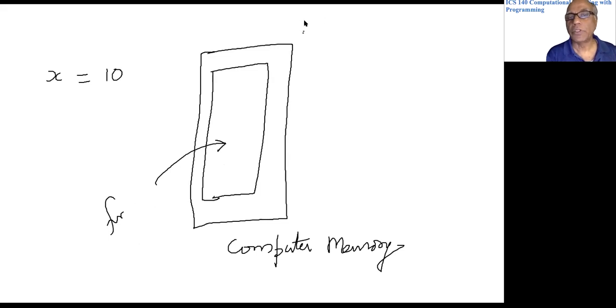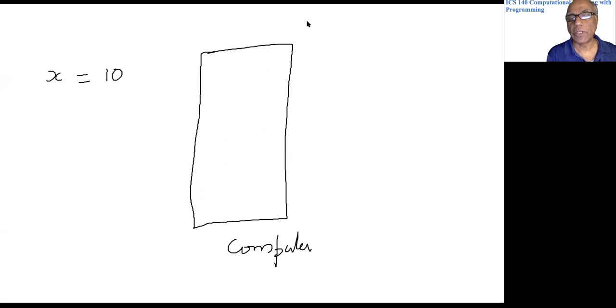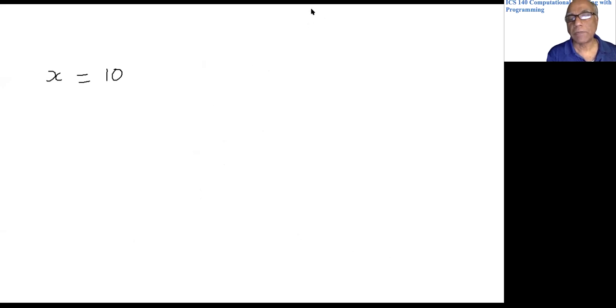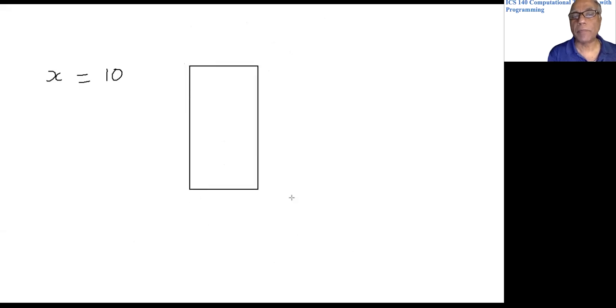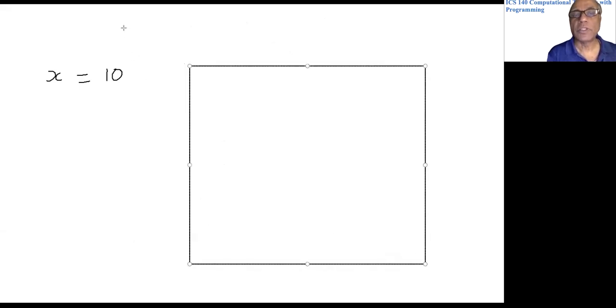I'm going to ignore the computer memory that is not in your program. Let's simply worry about the memory for your program. So let's say this is the memory for your program.